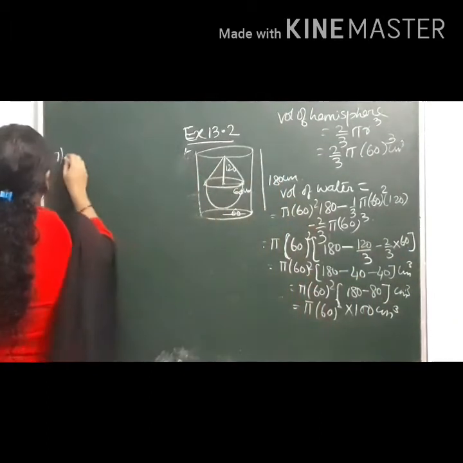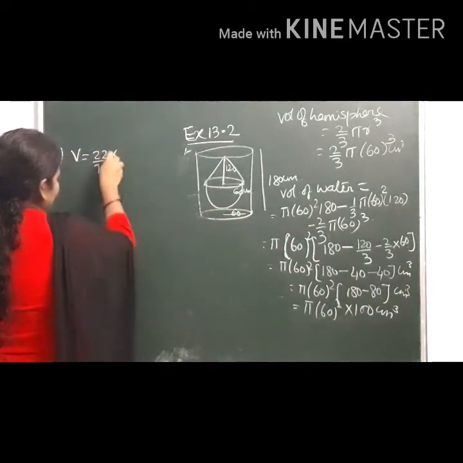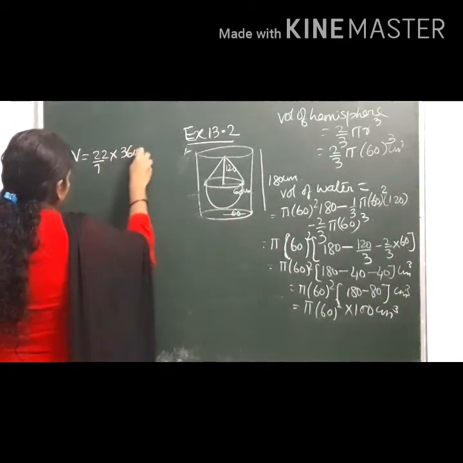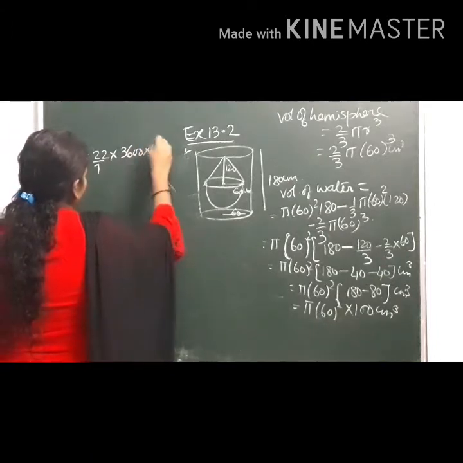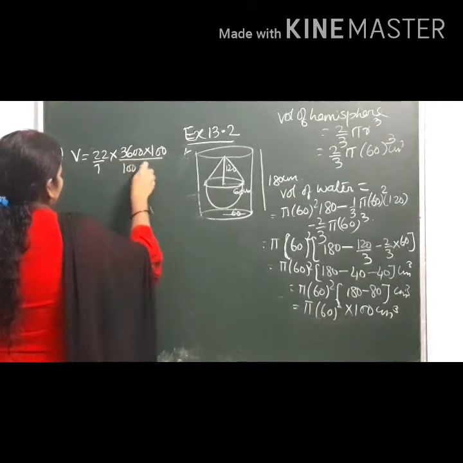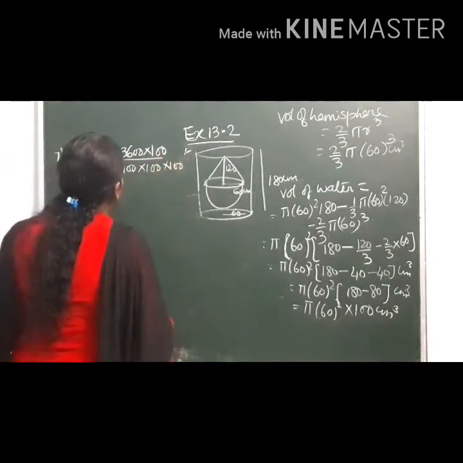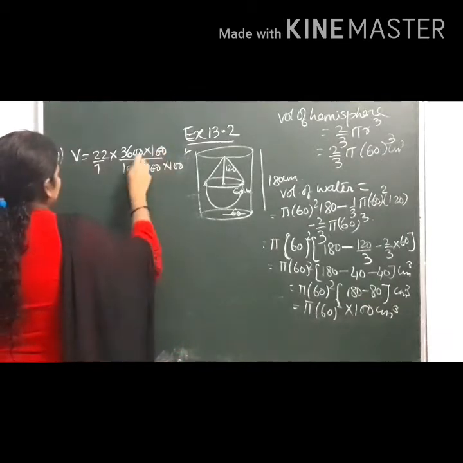So what is the volume of the water? That is pi, 22 by 7, into 60 whole square, 3600, into 100 centimeter cube. We convert into meter cube, we can divide it by 100 into 100 into 100, because 100 centimeter is equal to 1 meter. So 2 zeros cancel, 2 zeros cancel.